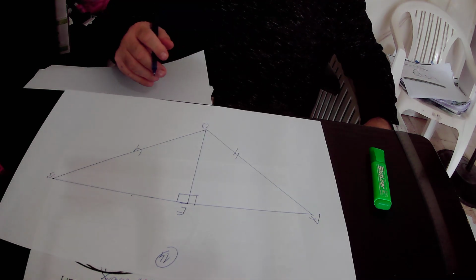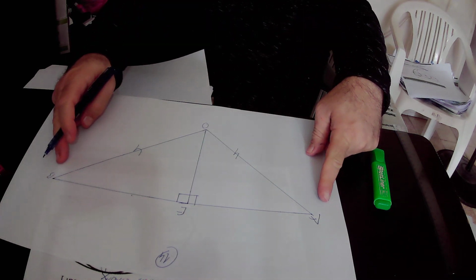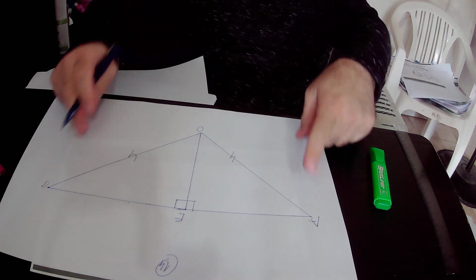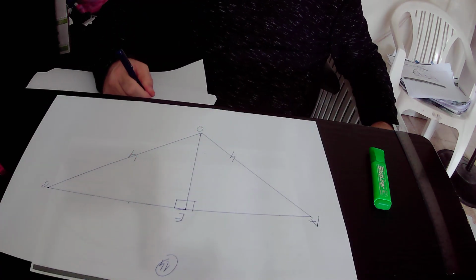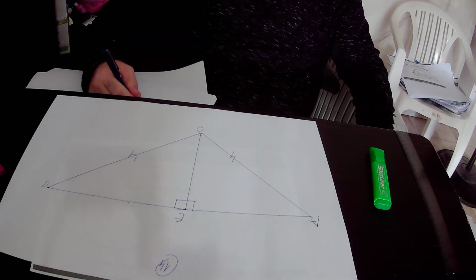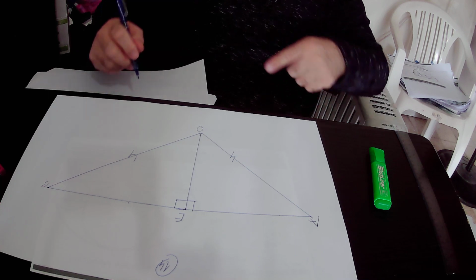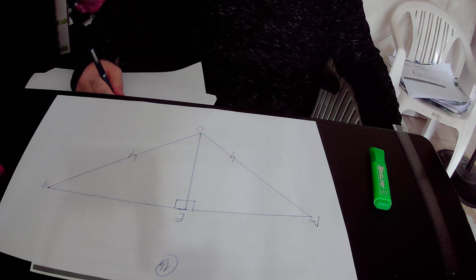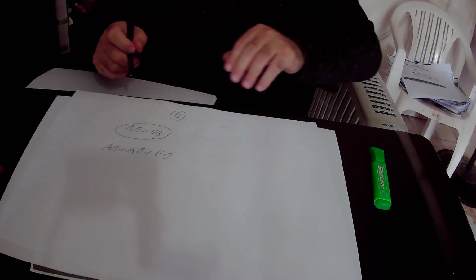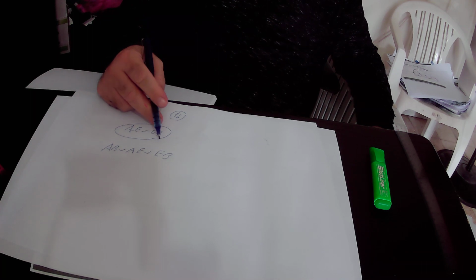But what is the value of AB? You can see from this drawing that AB equals AE plus EB.